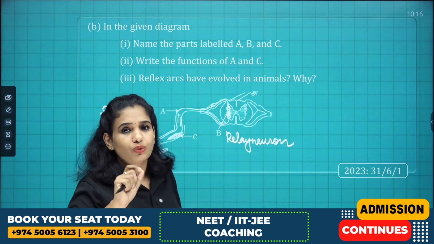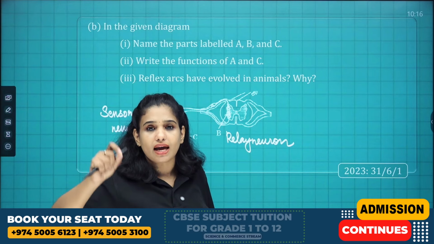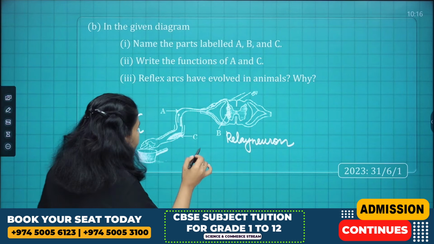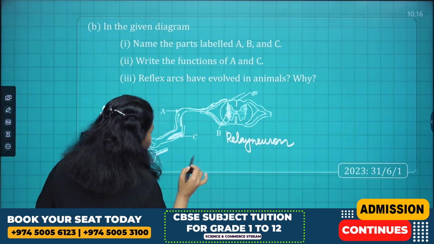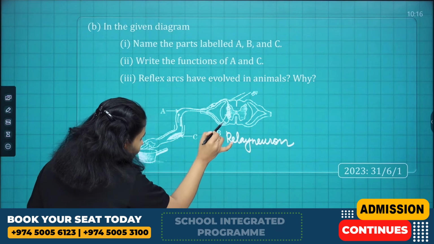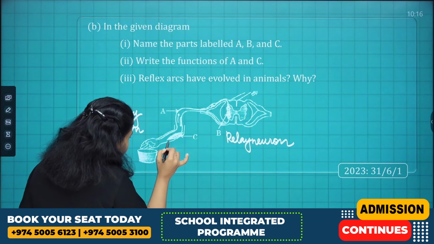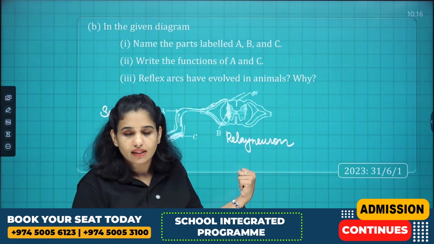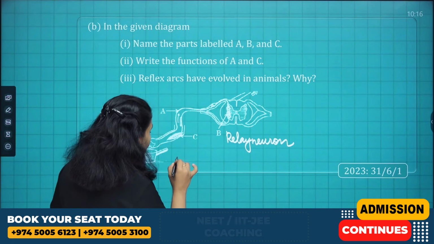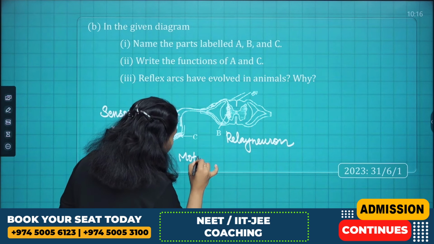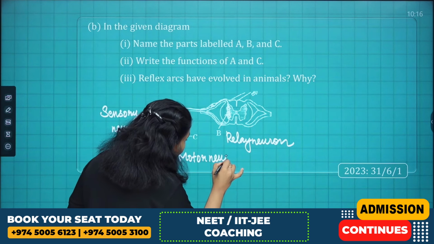The motor neuron is the neuron which carries impulses back to effectors. So here you can see this is the relay neuron, and from the relay neuron, one neuron carries the impulses towards our hand, right? This neuron is called a motor neuron. What is this? Motor neuron.